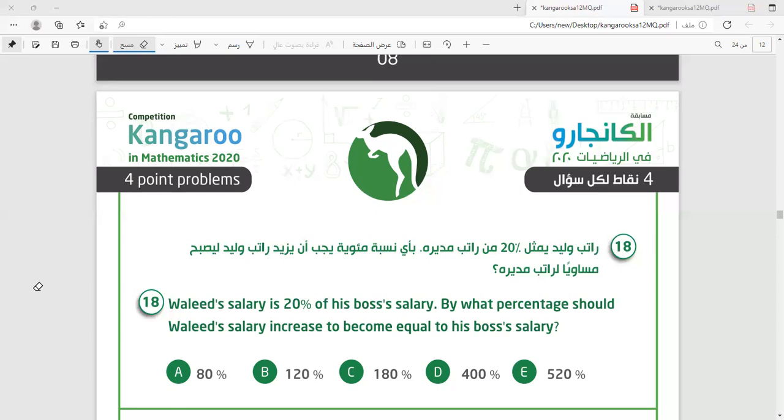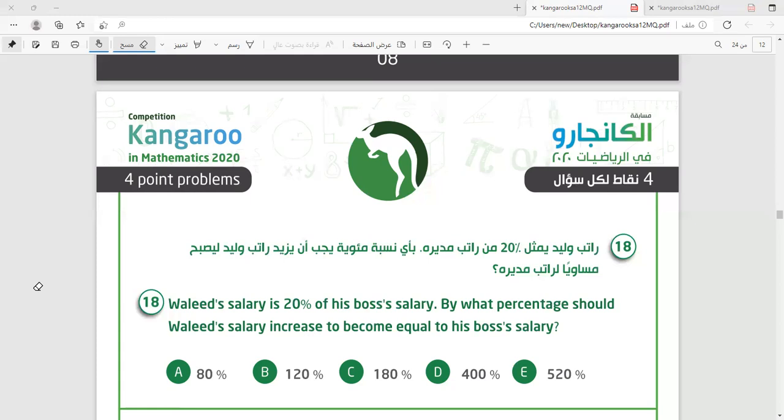Sorry, I made a mistake here. So let's try to multiply by 4. 20 multiplied by 4 equals 80.